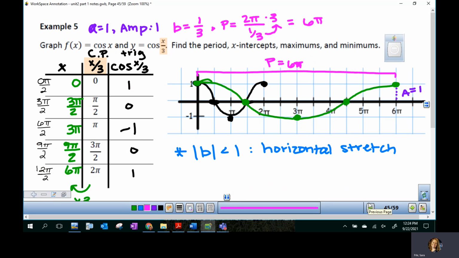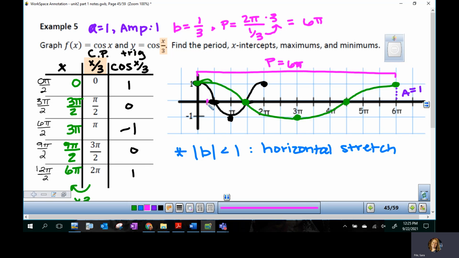What was the period here? 6 pi. What is pi? What's the number pi? 3.14. So would we say 1 unit is like over here, about right here, right?